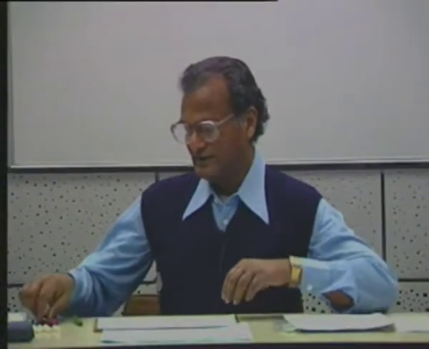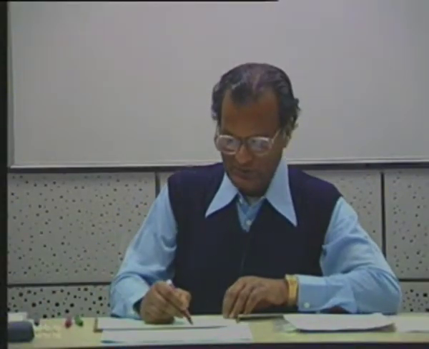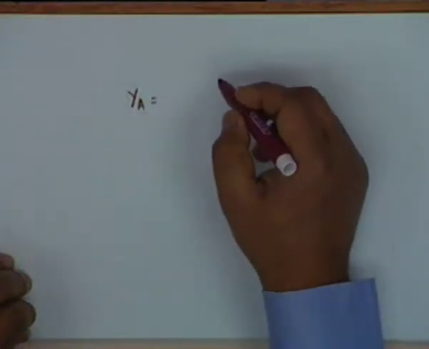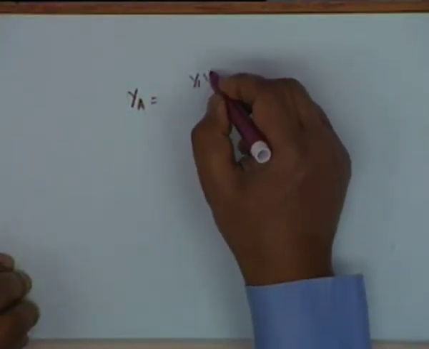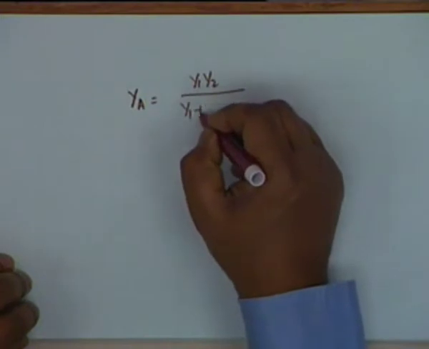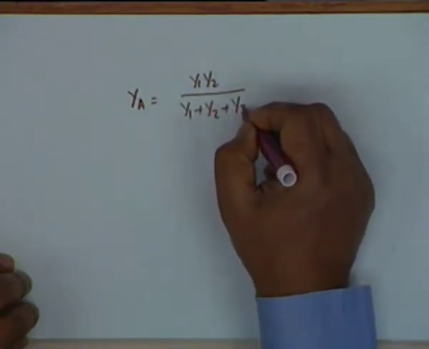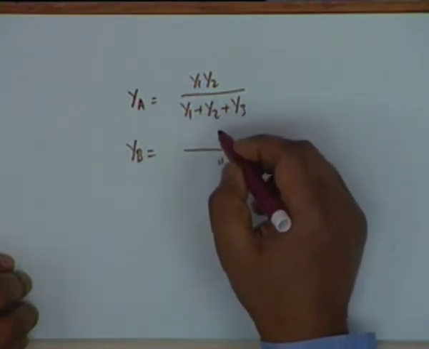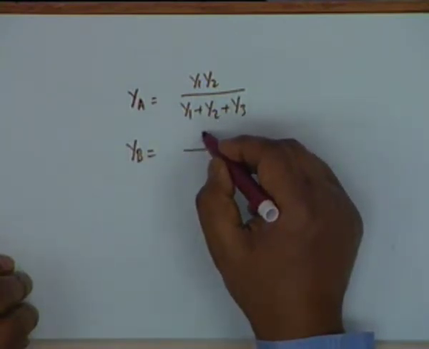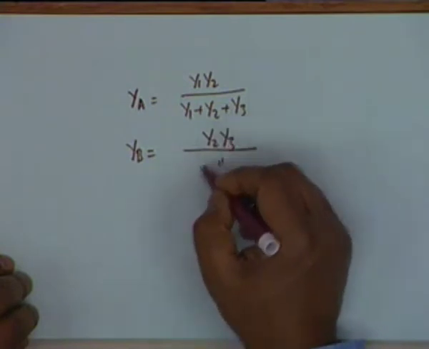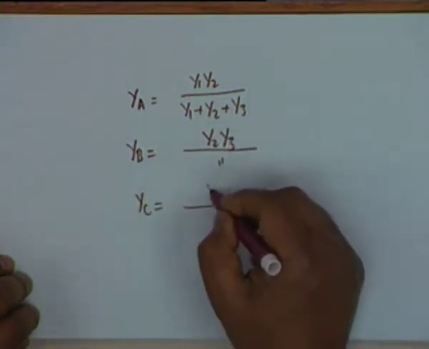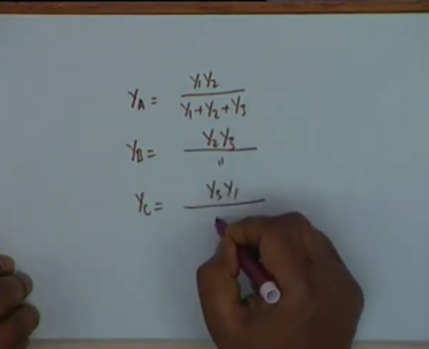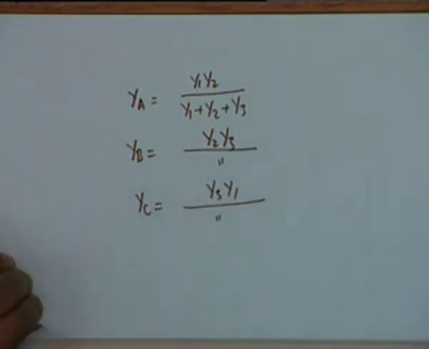The final results are as follows: YA becomes equal to Y1 Y2 divided by Y1 plus Y2 plus Y3. YB, now I can write this from symmetry, Y2 Y3, and YC shall be Y3 Y1 divided by the same summation.